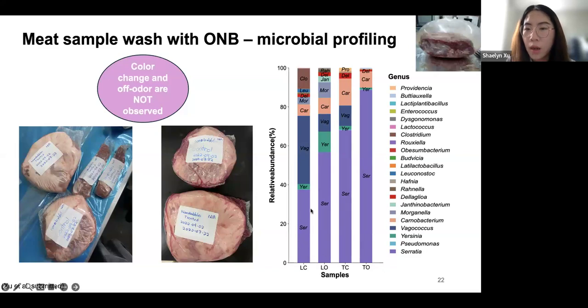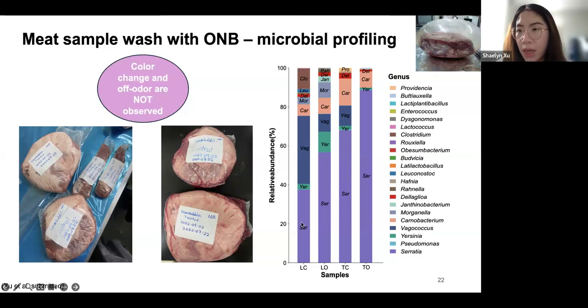As you can see here, certain microbes such as Clostridium and Vagococcus, in these dark blue bars, are significantly reduced or completely removed after the ozone nanobubble treatment compared to the control groups.